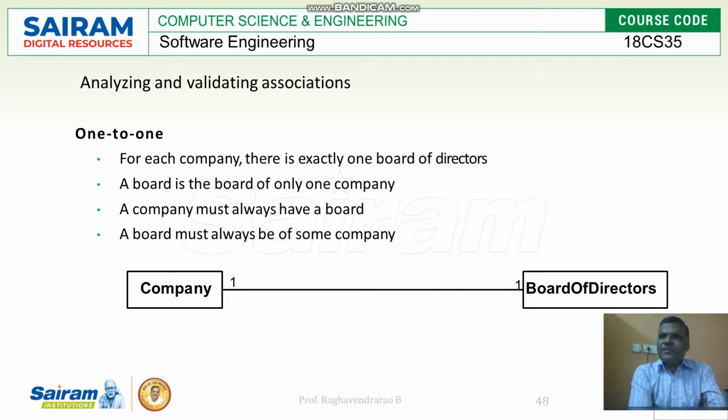A company must always have one board, and a board must always be of some company. So the association relationships can be applicable for this particular diagram, and anything that you want, you can accept that information in this.